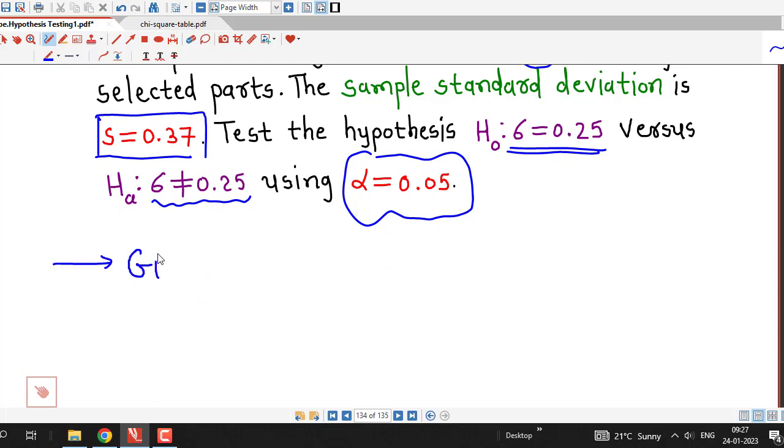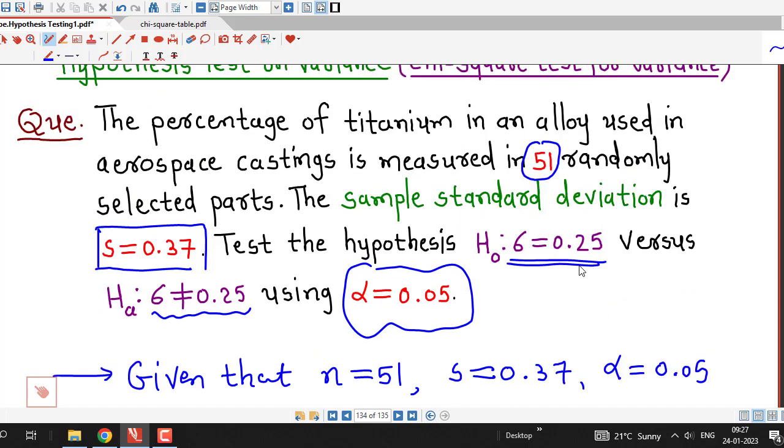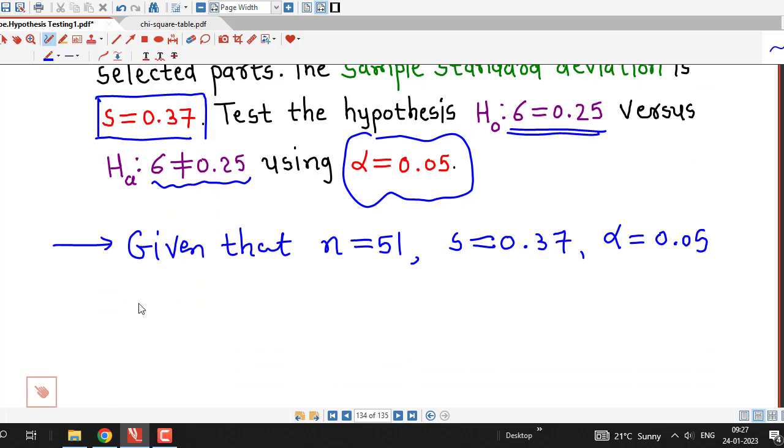First we write down the given information. Given that they are considering a sample of size 51, sample standard deviation is given to be 0.37, and level of significance is 0.05, and nothing is specified about the underlying population.